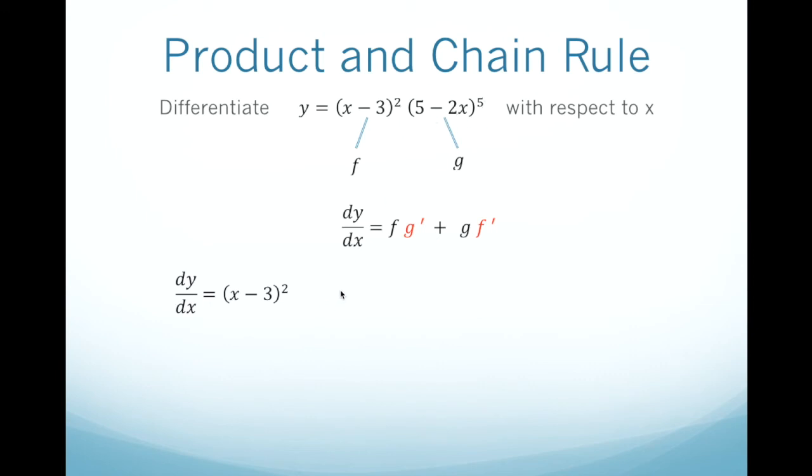g, g prime. The derivative of that is apply the chain rule, which is going to be 5 times 5 minus 2x to the power of 5 minus 1, which is 4, times the derivative of the one inside the bracket, and that is negative 2.